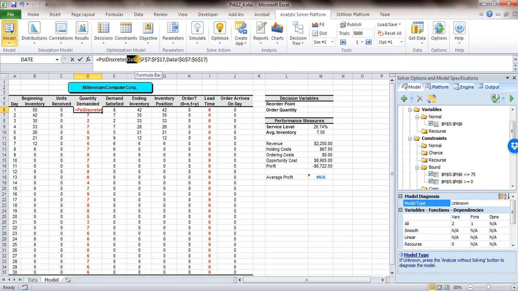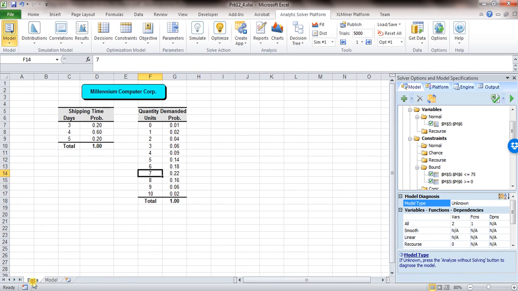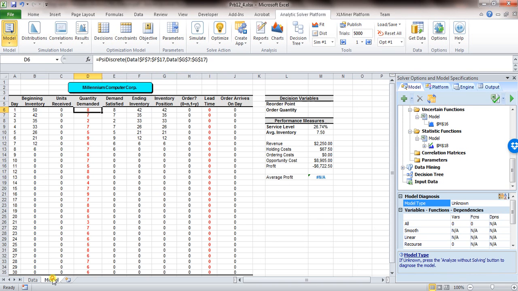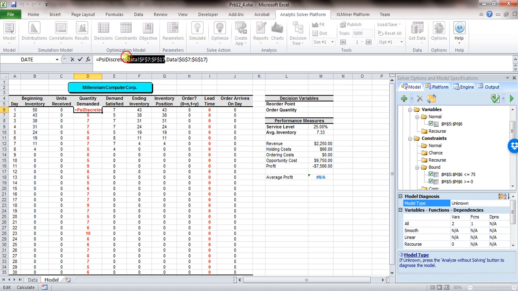The first is the range F7 to F17, the actual number of demands, and the second is G7 to G17, the probability of that demand happening.